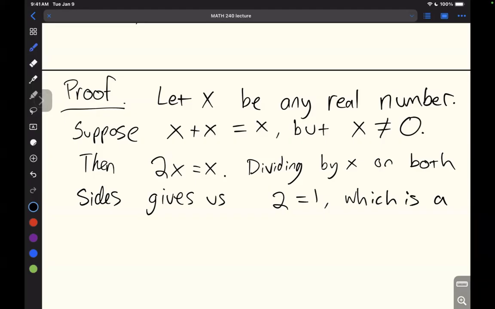which is a contradiction, right? The point of contradiction is to assume that the thing we're trying to prove is false, and then reach a point where something so crazy and so obviously false has happened that our assumption must be false.